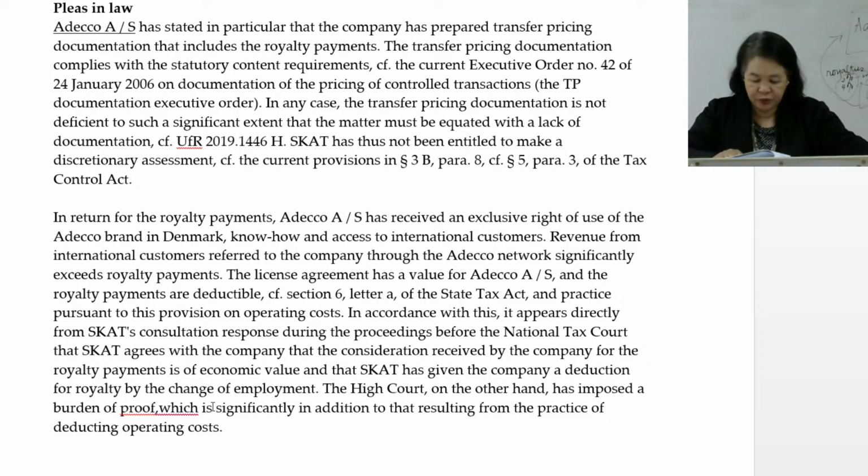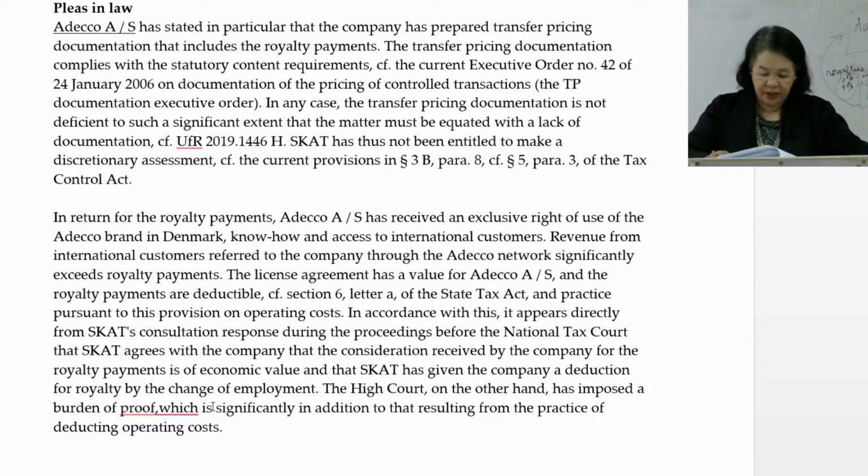And practice pursuant to this provision on operating cost. Accordingly, it appears directly from Scott's consultation response during the proceedings before the National Tax Court.